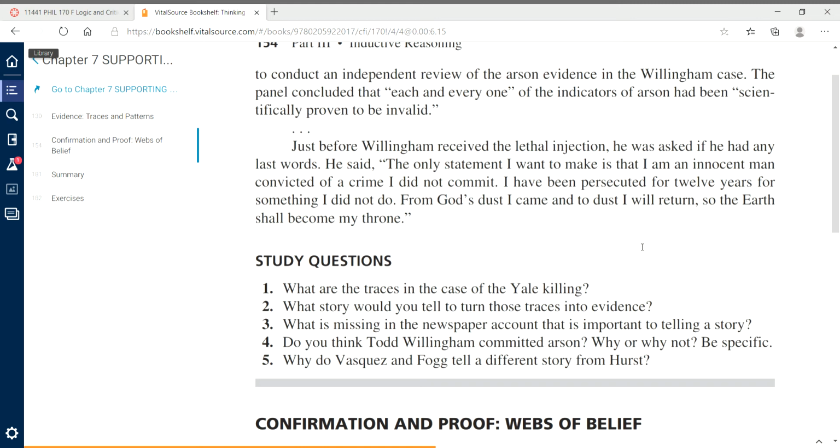So Vasquez and Fogg know more about arson than us, and so does Hearst. So how do we evaluate which one is more of an expert, if it can be put that way? And even if one is less of an expert than the other, perhaps the other one has drawn a better conclusion. So how do we evaluate different expertise being non-experts? And this article brings together those 3 arguments. So I want you to focus on those 2 last questions, questions 4 and question 5.